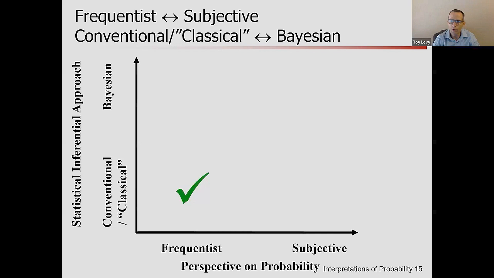And as we'll review in a little bit, frequentist views of probability go fairly hand in hand with conventional approaches to statistical inference. On the other hand, at least historically, the subjective view of probability has often been leveraged with or combined with Bayesian approaches to inference.